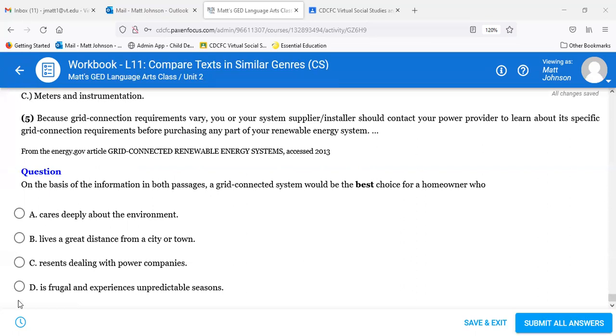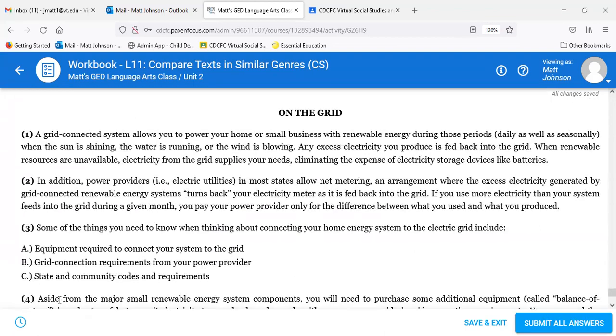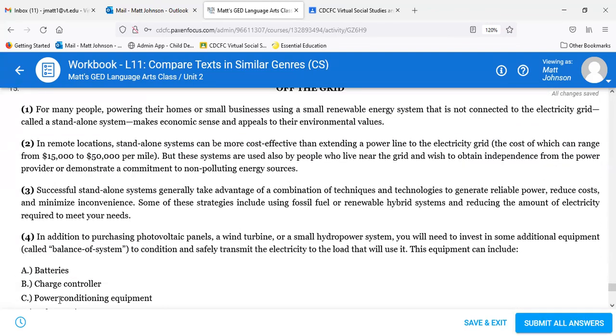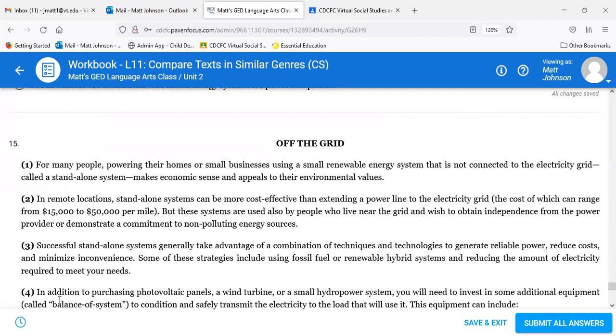So D in this case. All those could potentially apply, but we hear more in both of the passages about the idea of saving money, the idea of cost saving.